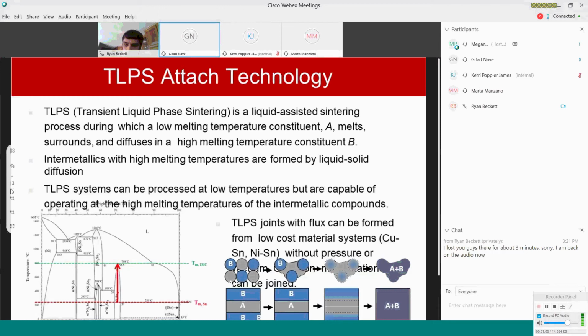And so these types of material systems, which we have developed, are now being considered for use in a wide variety of different applications, ranging from high temperature capacitors to high temperature attachment for switches to even 3D printing.